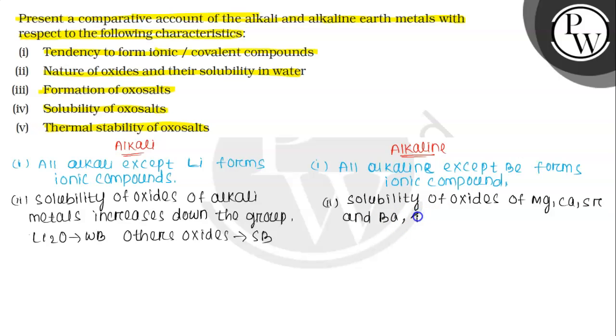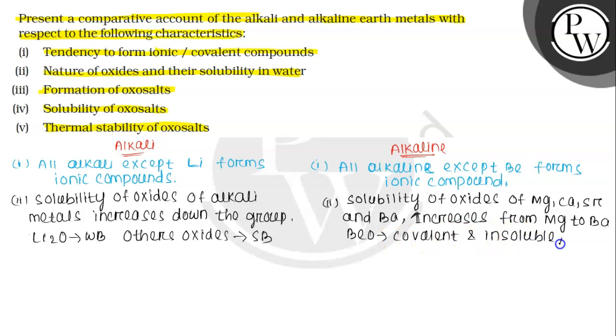Generally it increases from magnesium to barium. But BeO, as beryllium is covalent, is insoluble.